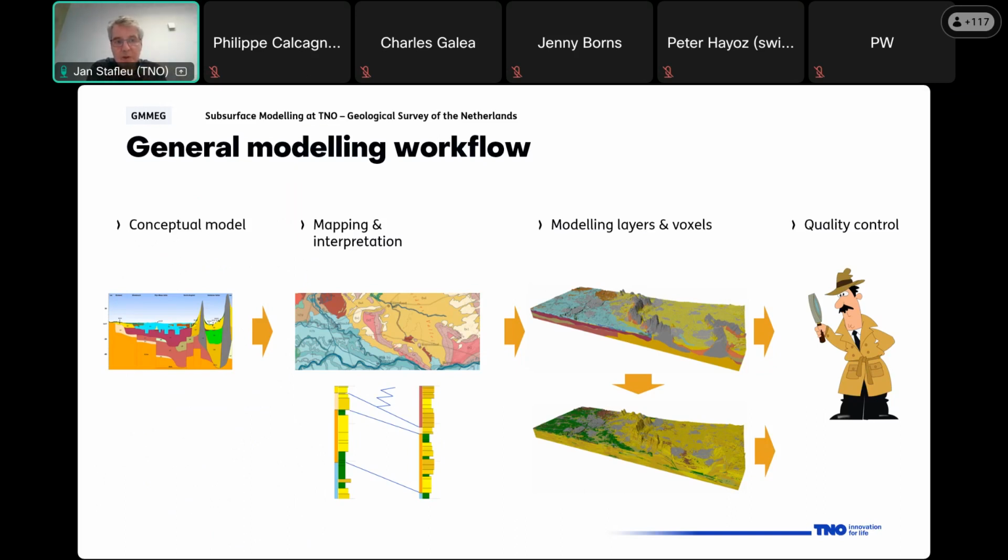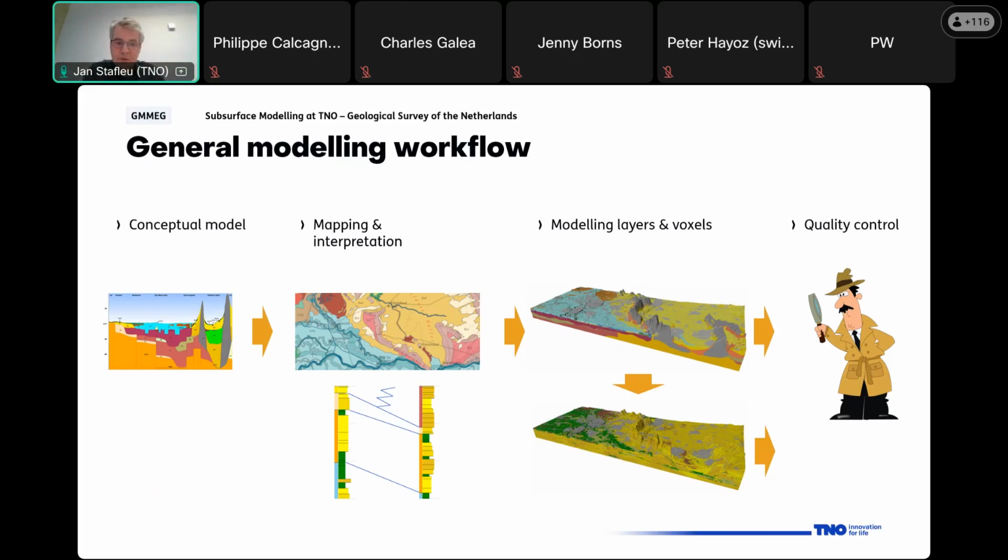From that conceptual model, we start with a process of mapping and interpretation. Mapping is to delineate the area of extent or the spatial extent of each stratigraphical unit so that we know where in a spatial context we can expect different units to occur. At least we delineate an area where we know the unit will be present, and everything outside we know for sure that the unit will not be present.